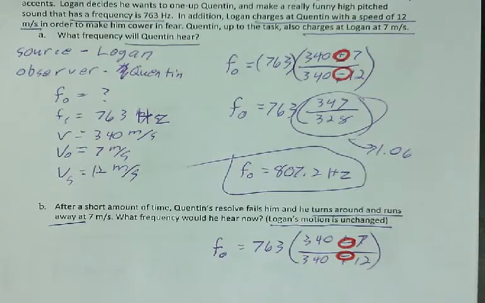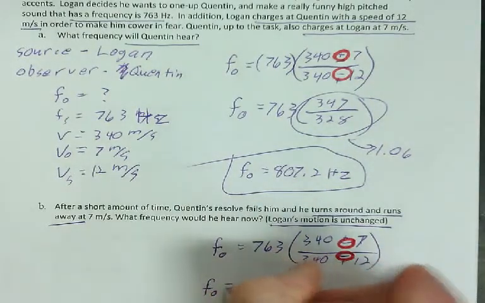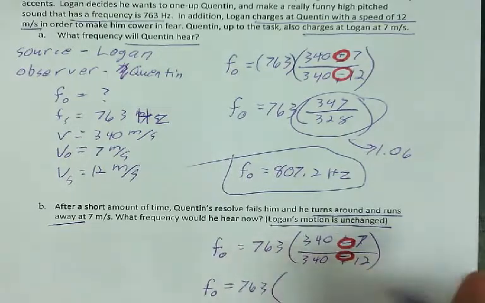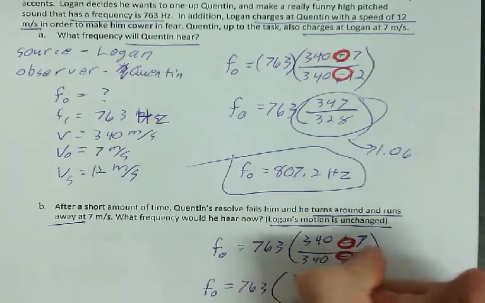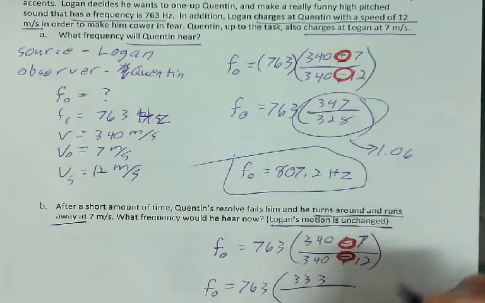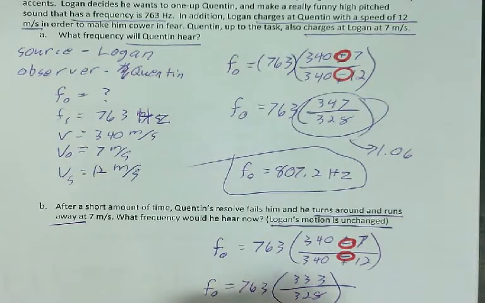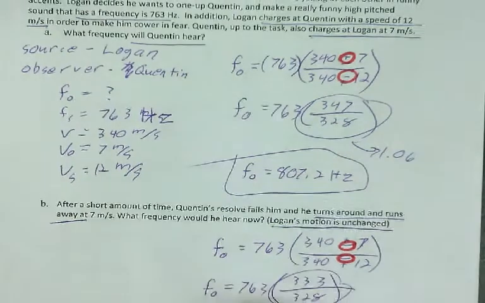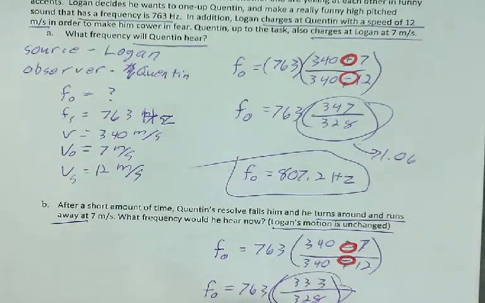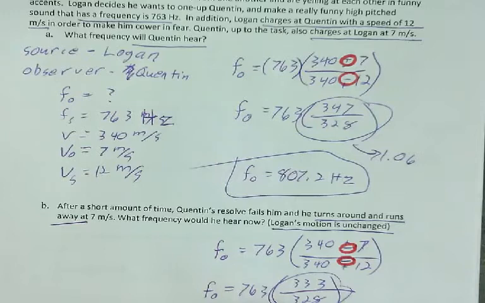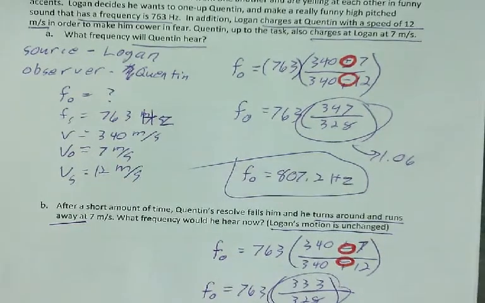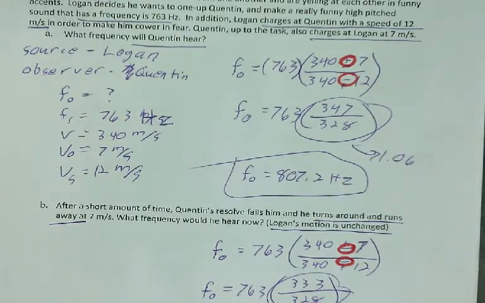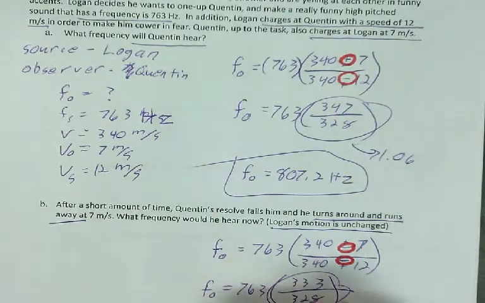So this time, it's FO equals 763 times 340 minus 7 is 333 divided by 340 minus 12, which is 328. 333 divided by 328 is 1.02. Multiply that by 763. You get 774.6 hertz.